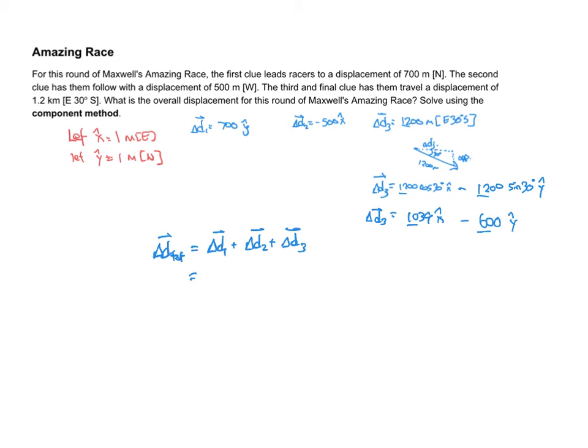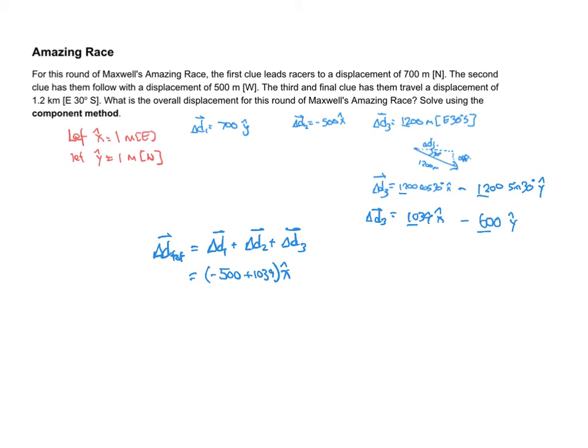So the first displacement is purely in the y direction, so no x component required there. The second vector, however, has negative 500 for the x component. And the third vector has positive 1,039 for the x component. So that will give me the horizontal component.